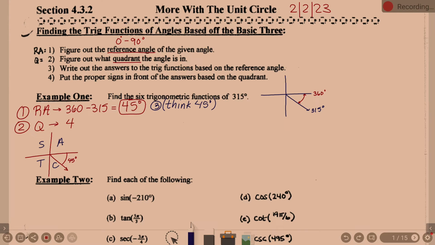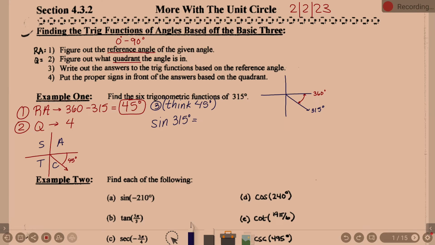But the reference angle is 45, so we're going to think 45. So when I say, what is the sine of 315 degrees? And we'll come back and talk later about positive and negative signs. Okay, so don't worry about positive or negative yet. So when I say, what is the sine of 315 degrees? What I'm really asking you is, what was the sine of 45 degrees?